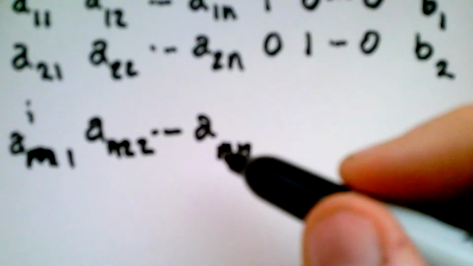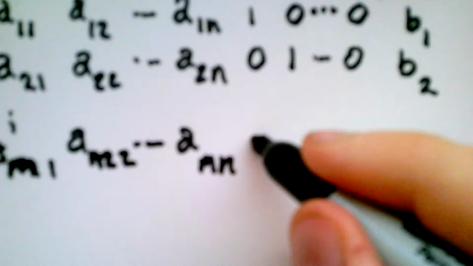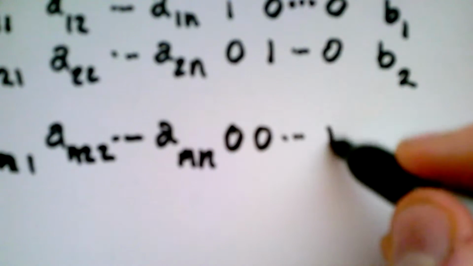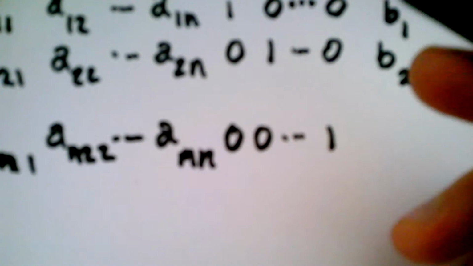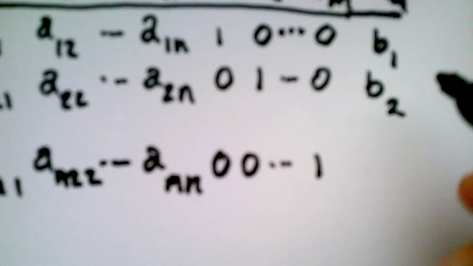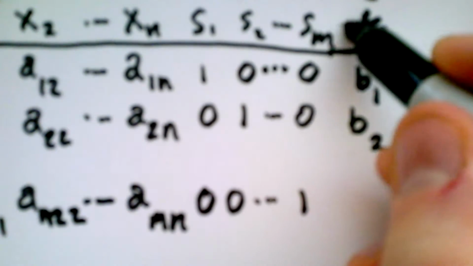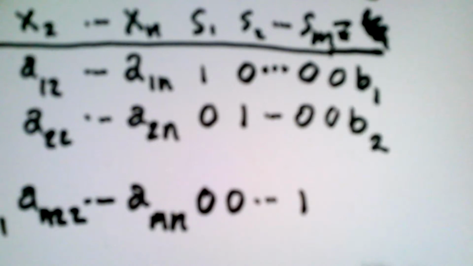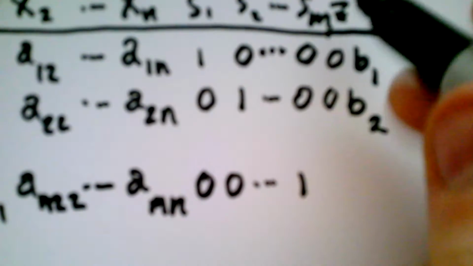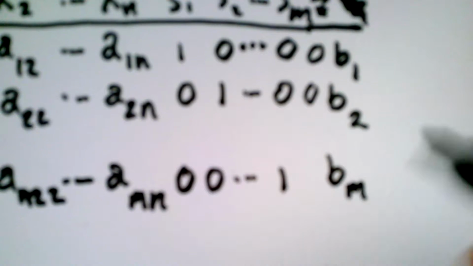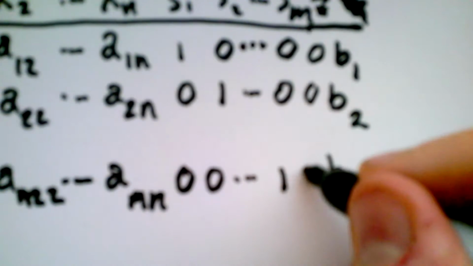So the m row, nth column. We get zeros in all of our slack variables except the last one, because this is the last equation, so it goes with our last slack variable. And, oh, I forgot. We have to have a z column, which will have zeros all except for the bottom row. But we can fit that in. Okay, so now we have our constant bm here, and a 0 for z.